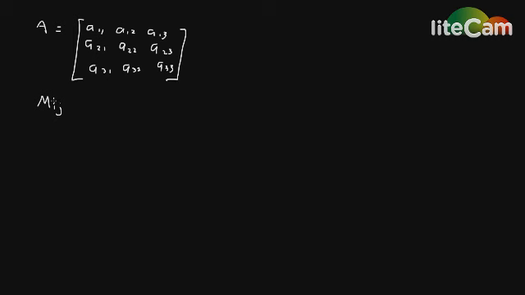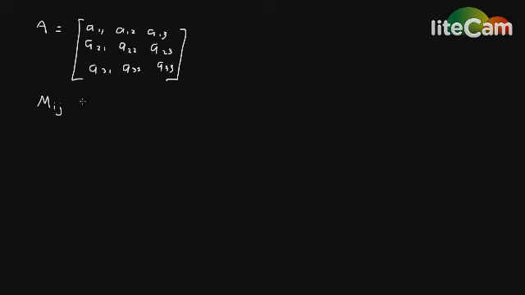Now this refers to the ith row and the jth column. So M12 would be talking about the minor of the first row and the second column. Now I'll explain what that means.